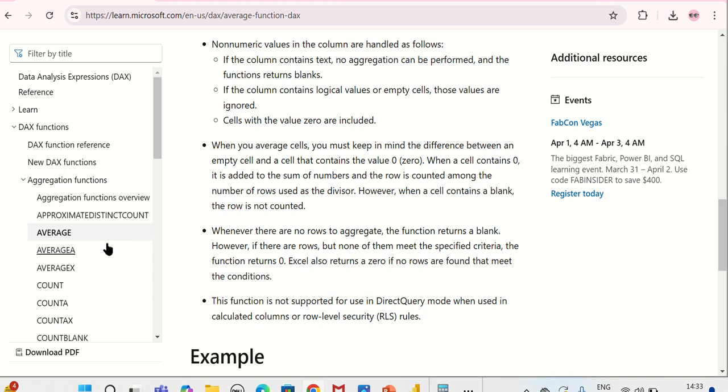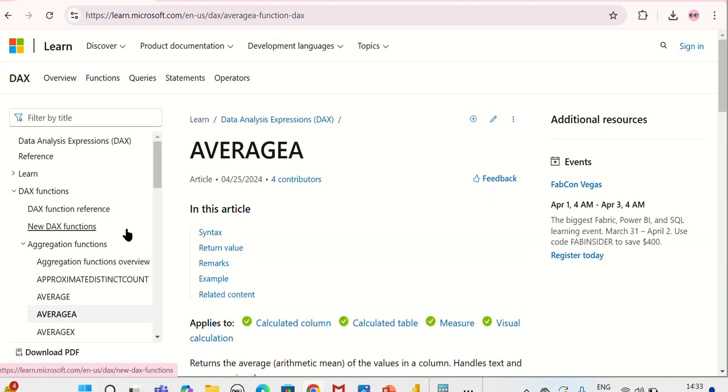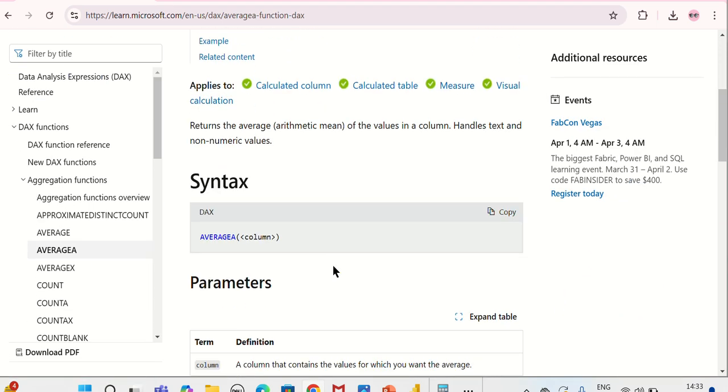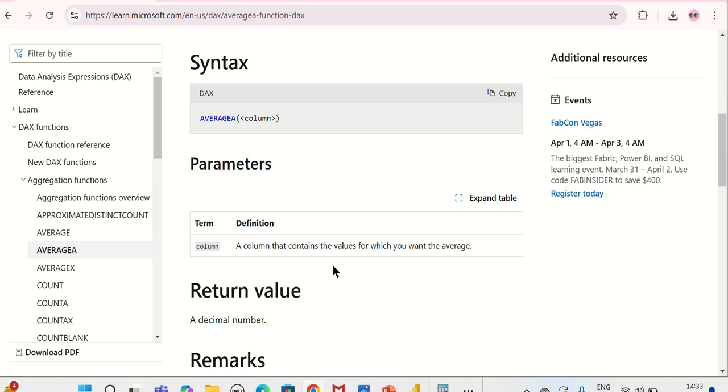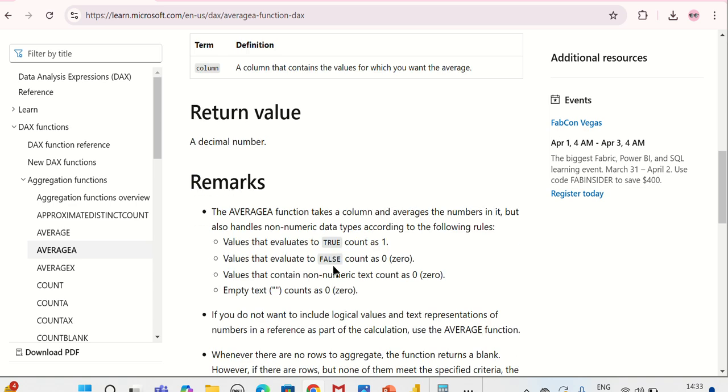Whereas AVERAGEA is similar to AVERAGE, with a difference in how it treats values: it takes zeros and ones into account. If we have blank values, it will take them as zero, and if it has any text, it will take it as one.